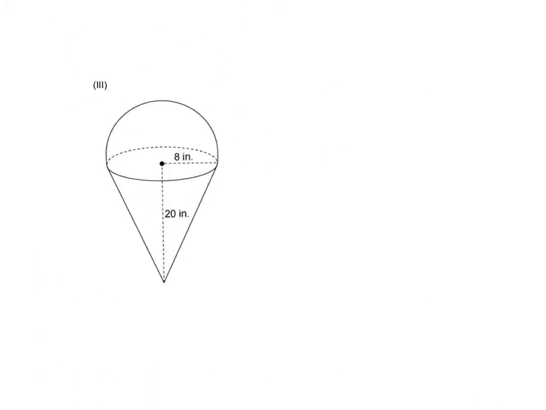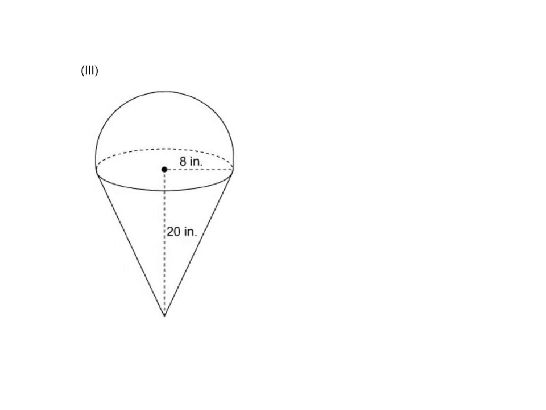All right, next we have a cone and what looks to be a sphere. So first we're going to start with our volume. So first I'm going to start with the volume of the cone. Okay.